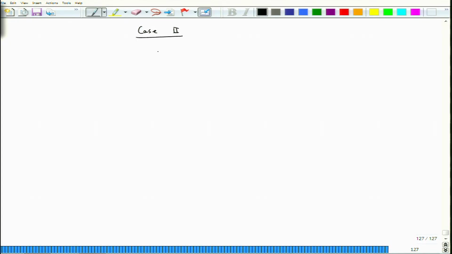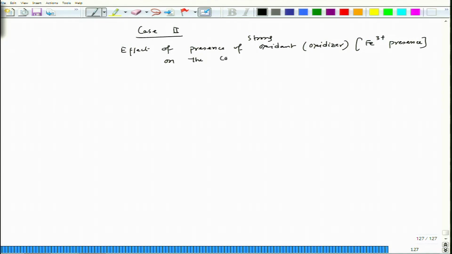case 2, where we consider the effect of the presence of an oxidant, or we call it an oxidizer, and that should be a strong oxidizer, for example Fe3+, on the corrosion rate of an active metal.